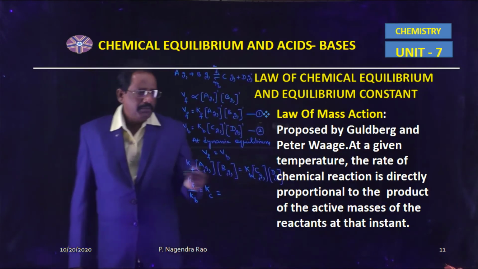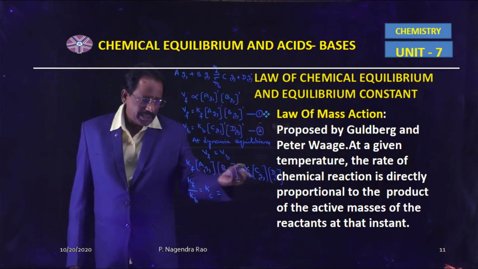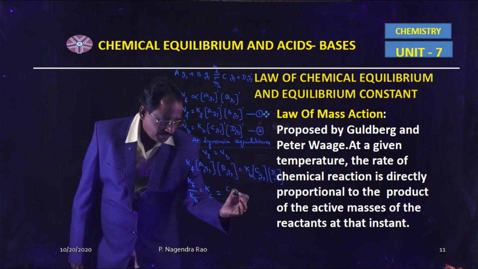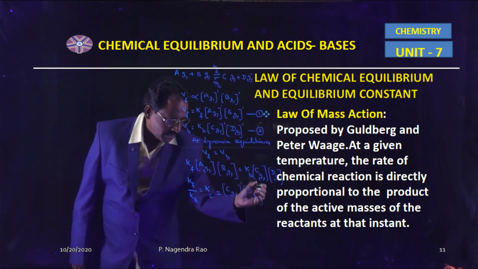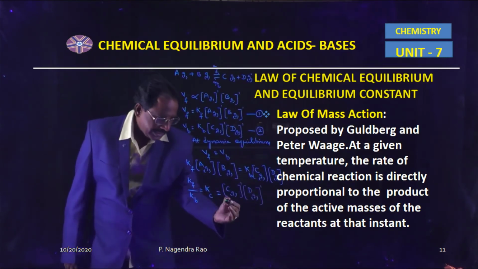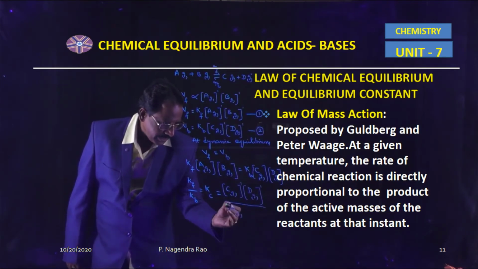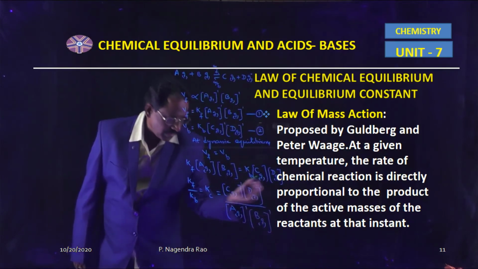Now the formula used to calculate Kc: Kc is equal to Kf by Kb, which is nothing but the product of active mass of C and D, to the power 1 and to the power 1, divided by active mass of A to the power 1 and active mass of B to the power 1.